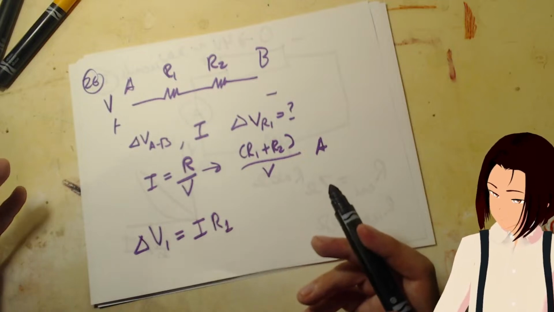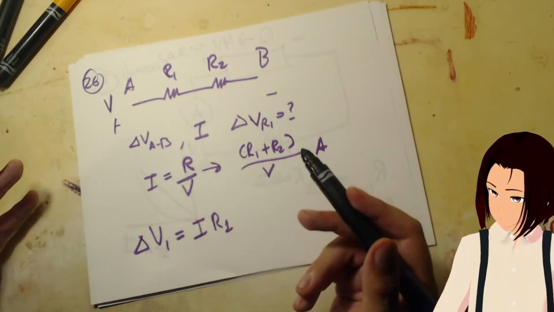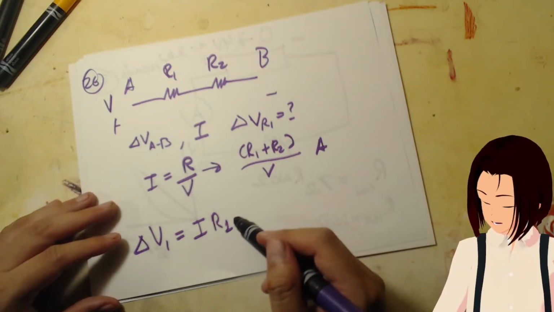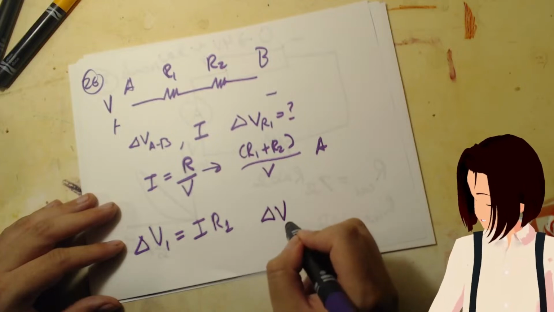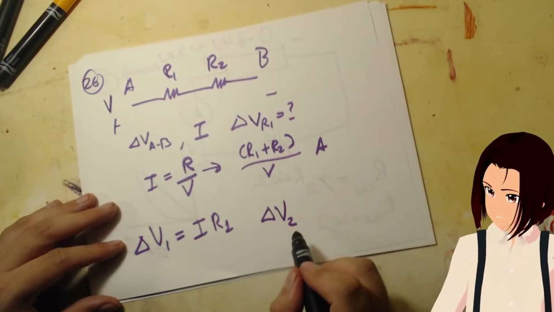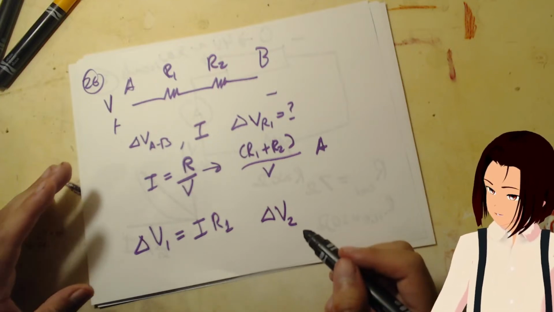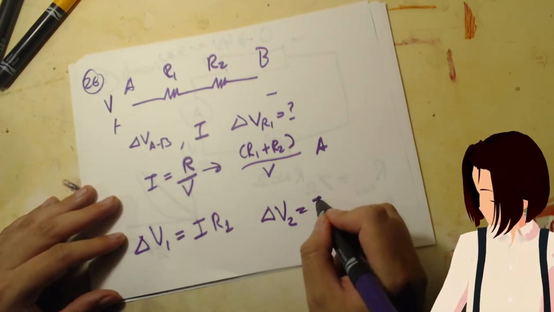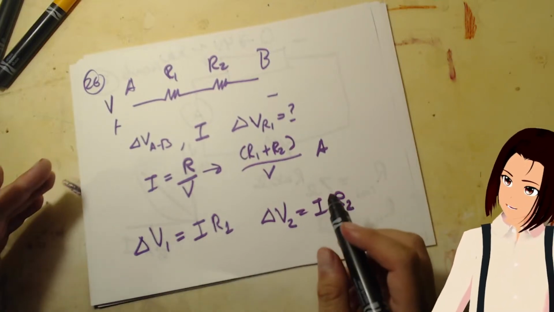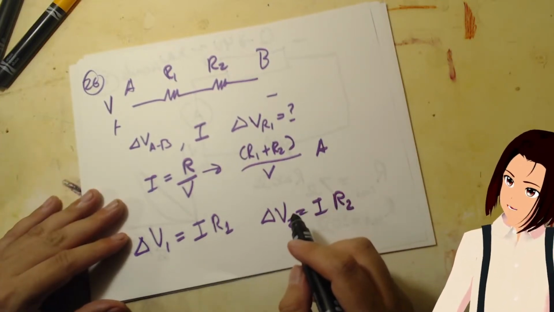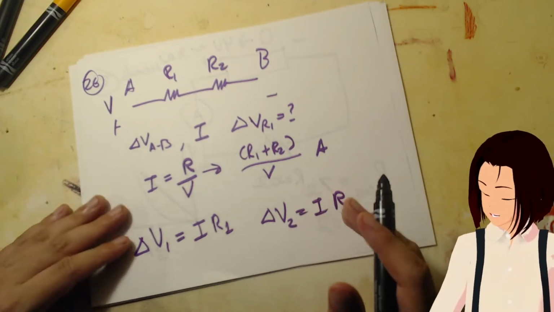Boom, we know it. We can just substitute this for that. Consequently, we also know the potential difference for the second resistor; instead of multiplying by R1, we multiply by R2. Yay! That's the power of Ohm's law if we treat it as a linear relationship, which is what we're going to do.